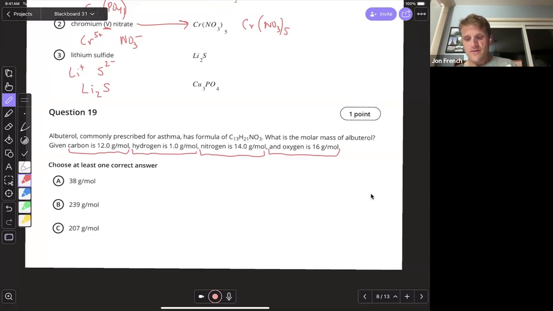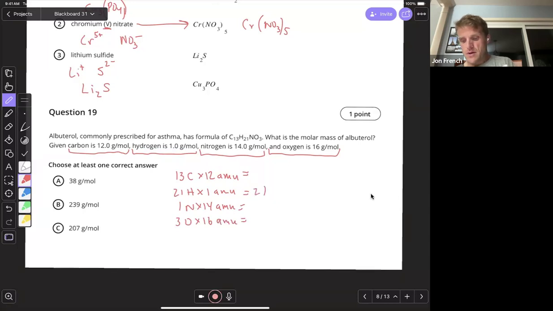So we've got 13 carbons times 12 AMU each. I have 21 hydrogens times 1 AMU each. I've got 1 nitrogen at 14, and 3 oxygens at 16 AMU.